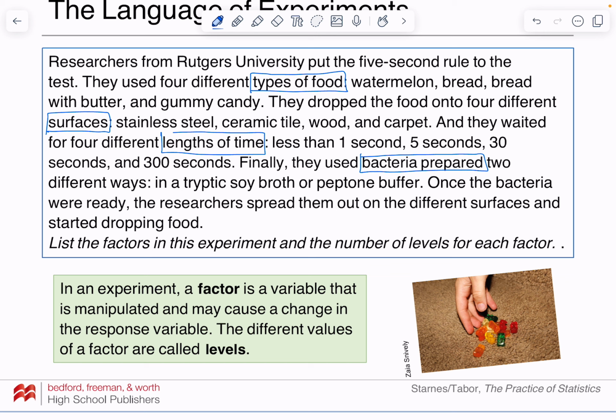Now, how many levels of each? I have 1, 2, 3, 4 levels for food. Okay. I have 4 different levels for surfaces.